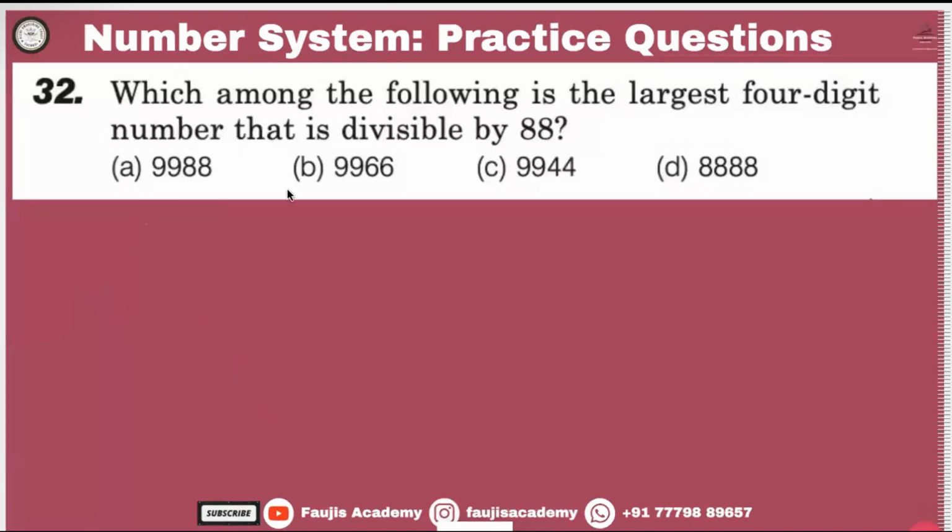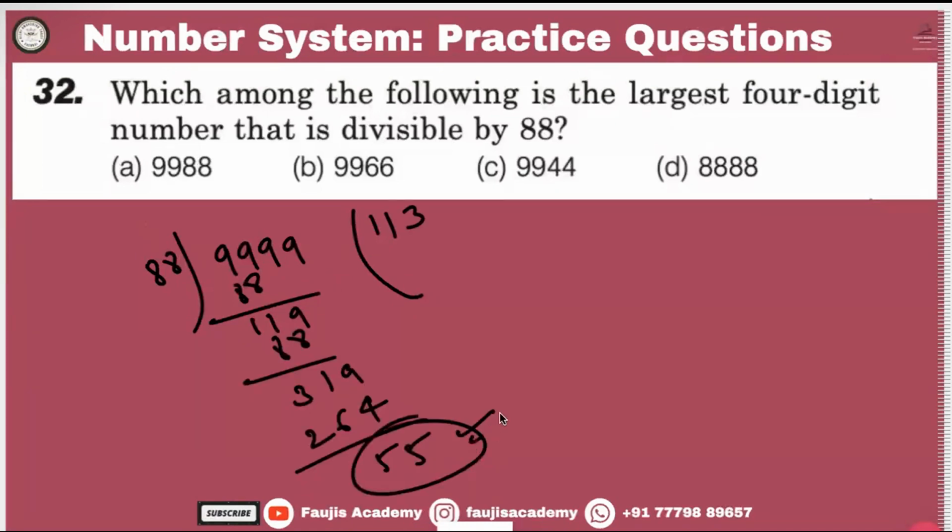So the method to find this largest 4-digit number, which is divisible by 88, is that this is the largest 4-digit number. We go through the long division method. 139. This is the remainder. 55 is your remainder. Do you guys have any doubt? Why have we taken this 9999? This is the largest 4-digit number.